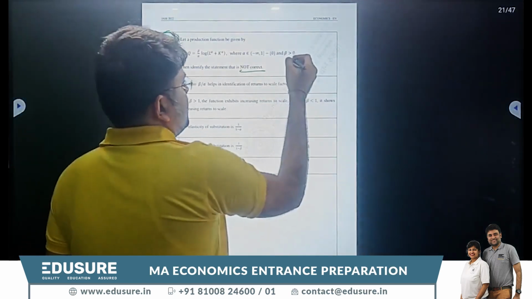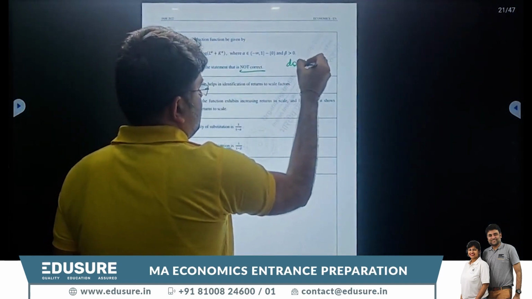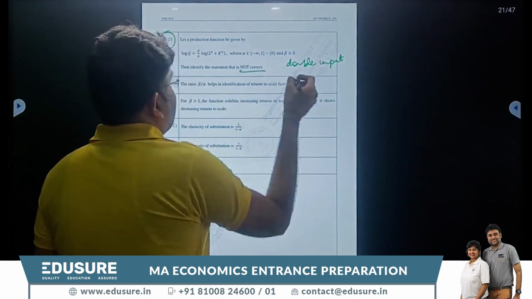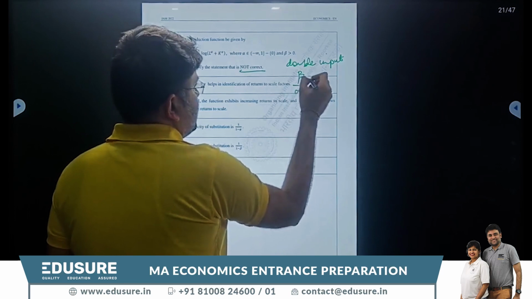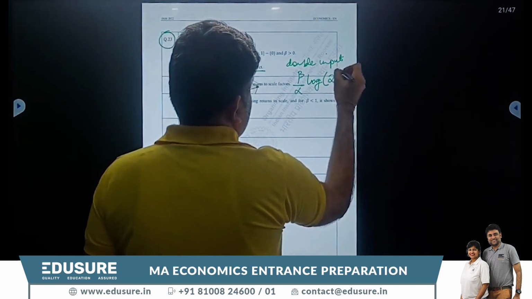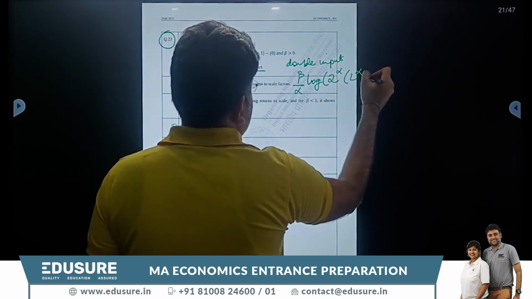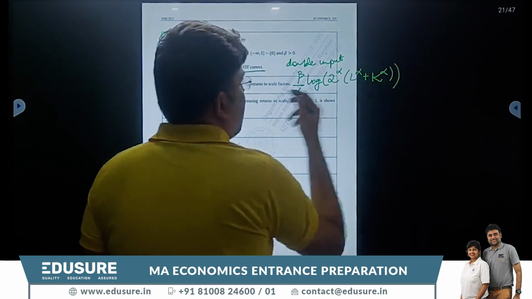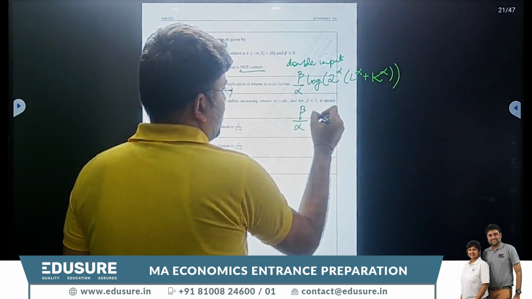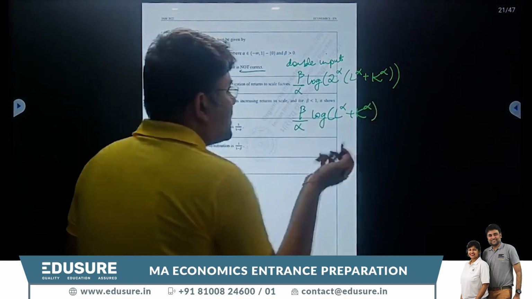So supposing I double my input, that is, I double L and K. So what becomes beta by alpha log of 2 to the power alpha, I think alpha will be common, basically alpha L to the power. How can I compare this with beta by alpha log of? I can't compare.